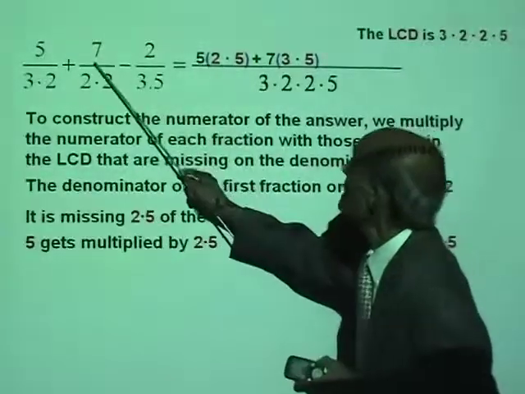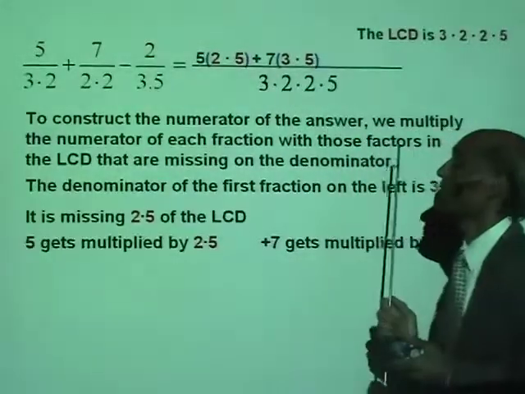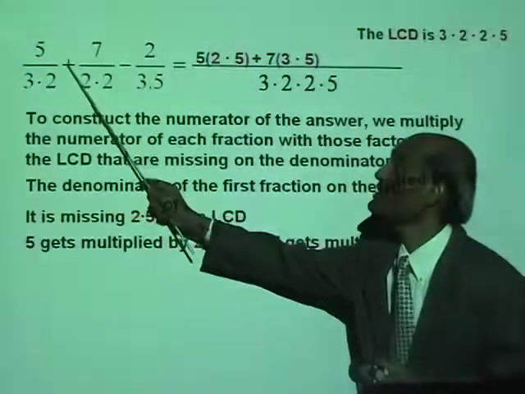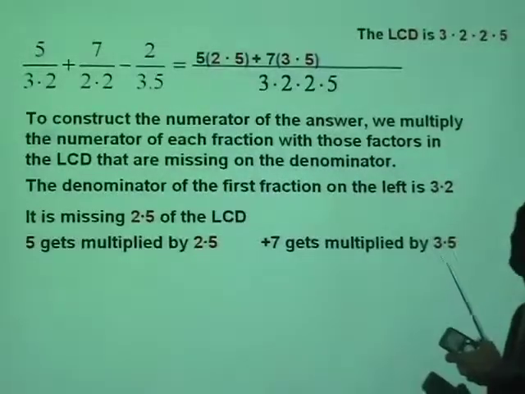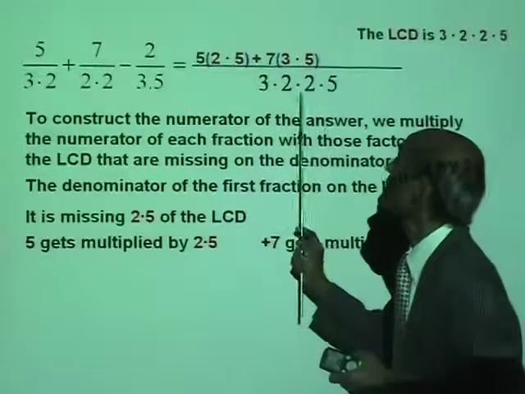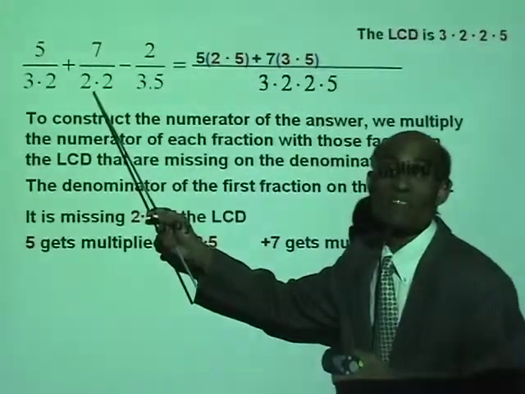Therefore, this plus 7 will get multiplied by 3 times 5, because of the LCD, this 3 and 5 are missing in that denominator.